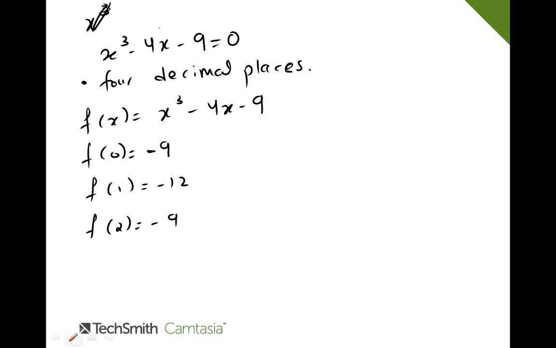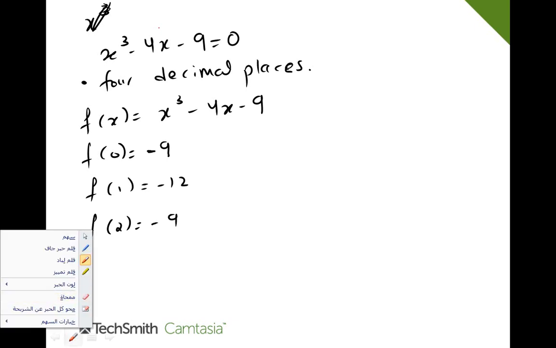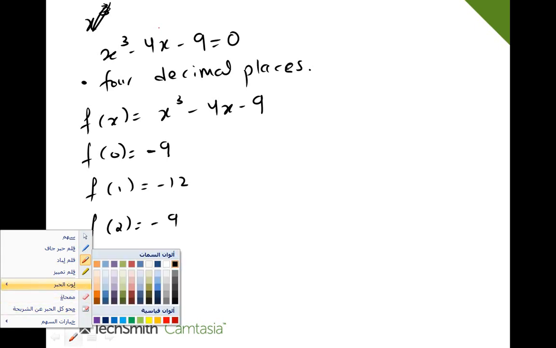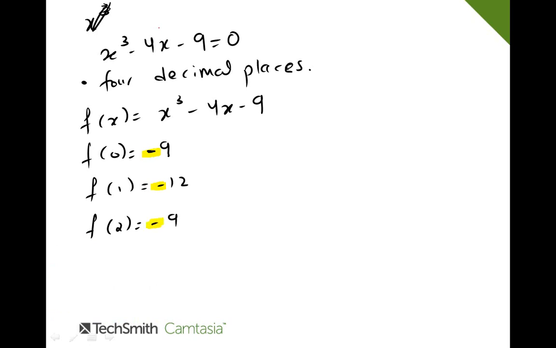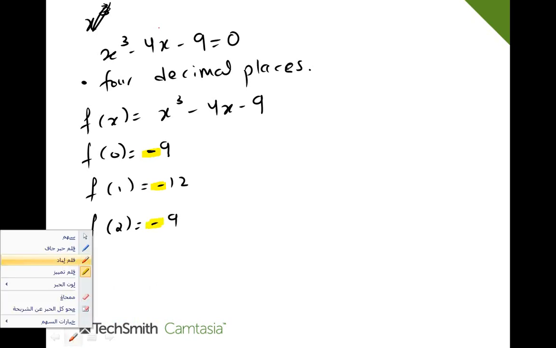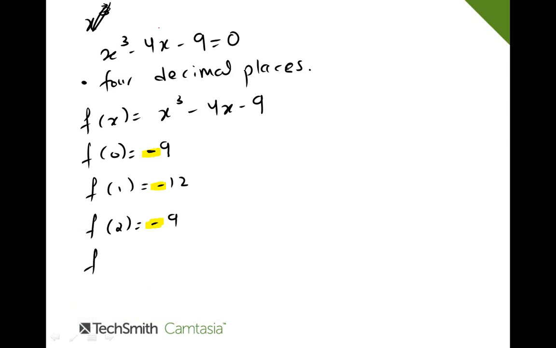Why am I going to the next point again and again? Because, as you see, here I'm having negative, here I'm having negative. So I'll stop once the sign changes from negative to positive or from positive to negative.